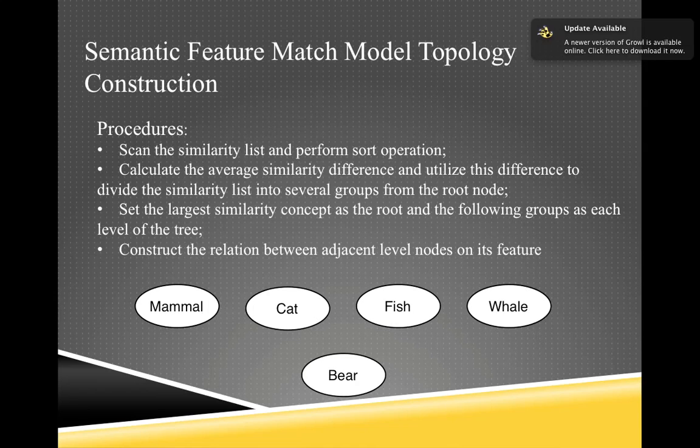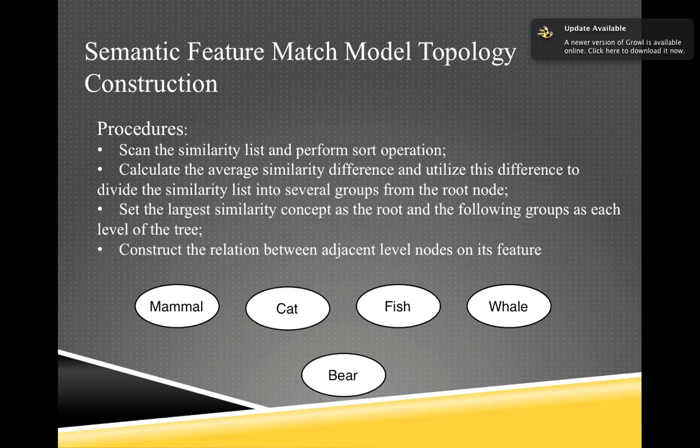Let's see. The following part is the topology I get for the case study with the semantic feature match model. You can see that there are 4 words in the root level and there is 1 word in the second level. Why are there no relations between them?